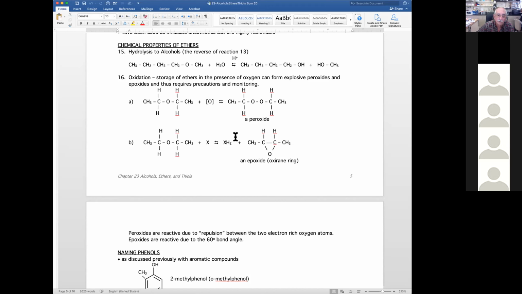And what we said about the ethers is they're very volatile. So it can be quite dangerous. When we store ethers in the lab, we have to test them every year for either peroxides or epoxides.